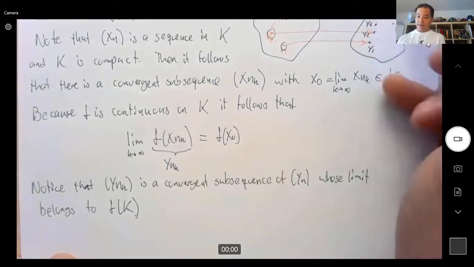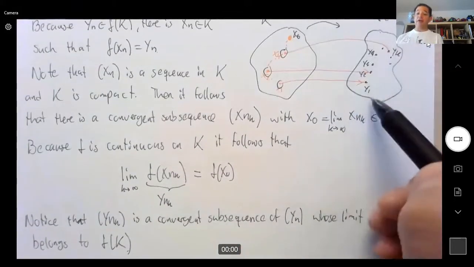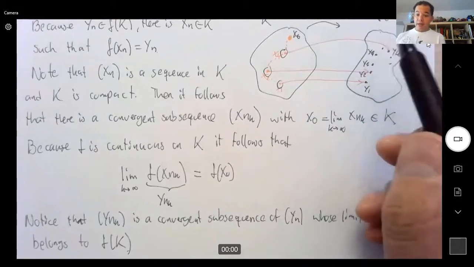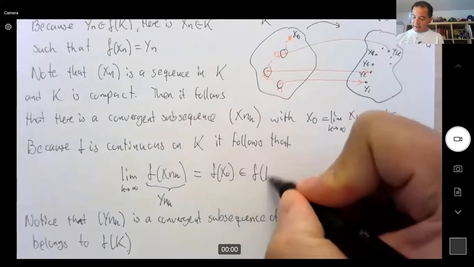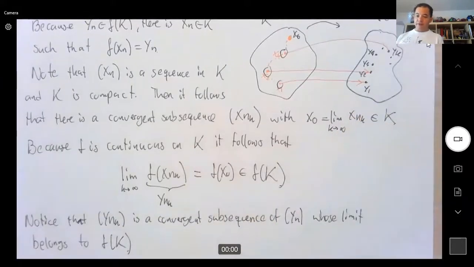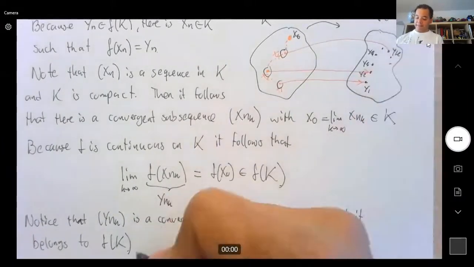I picked an arbitrary sequence here, and we found a convergent subsequence, and the limit of that convergent subsequence belongs to f of K. We are done. Because we did it for an arbitrary sequence, that shows f of K is compact.